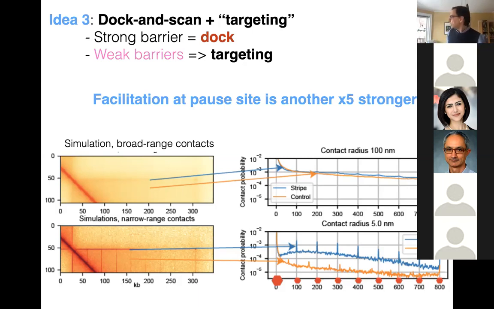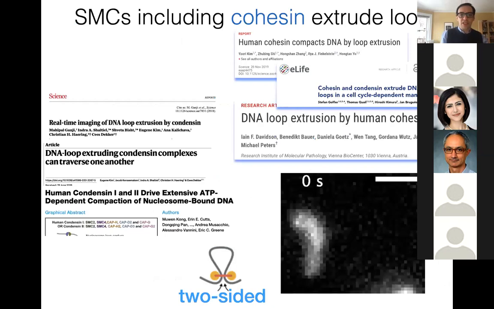There are measurements of cohesin. So some of the single molecule papers, and if I can rapidly jump there, some of the single molecule papers, this one. So this paper observed asymmetric extrusion of condensins, but not cohesins.